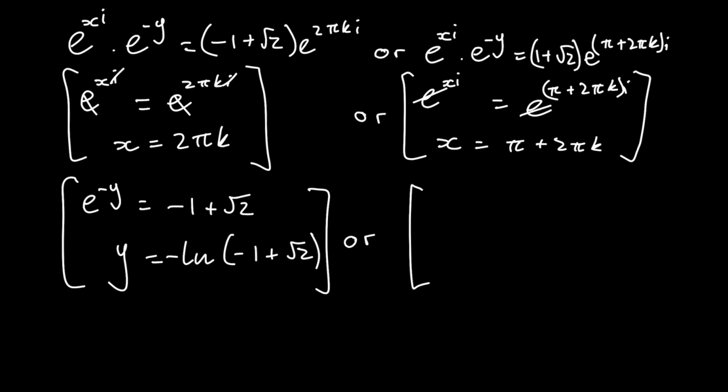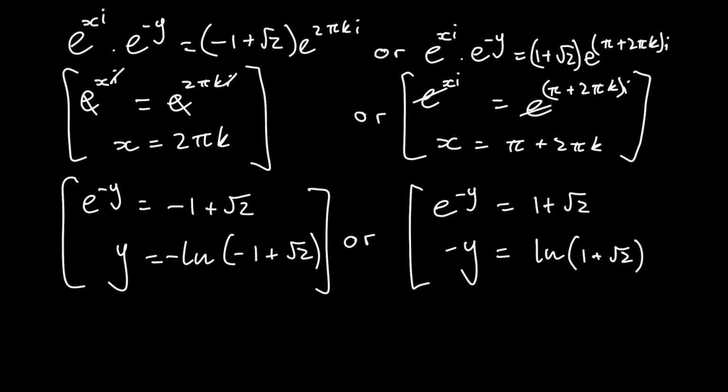For the other equation, we've dealt with the imaginary parts, so we deal with these two real parts. We have e to the minus y equal to 1 plus the root of 2, and we solve it in the same manner, by taking the natural log of both sides. We're left with negative y equal to ln of 1 plus root 2, and dividing through by the negative, we get y equal to minus ln of 1 plus root 2.